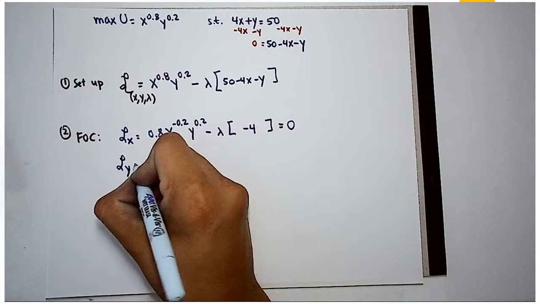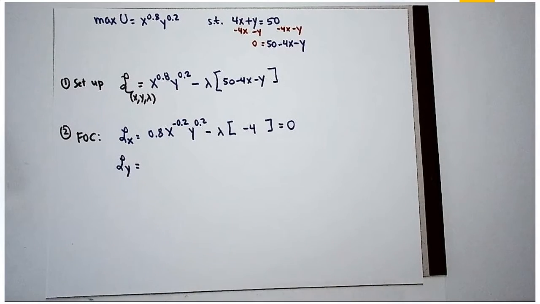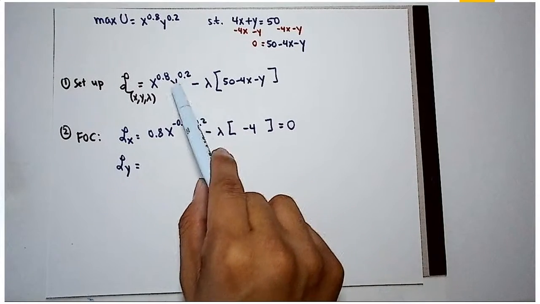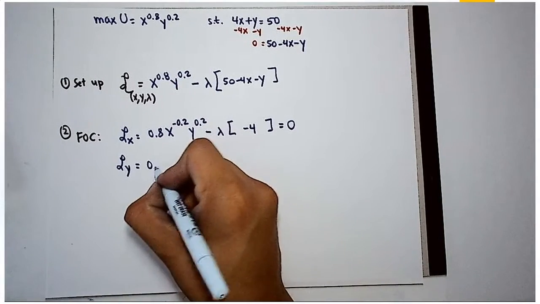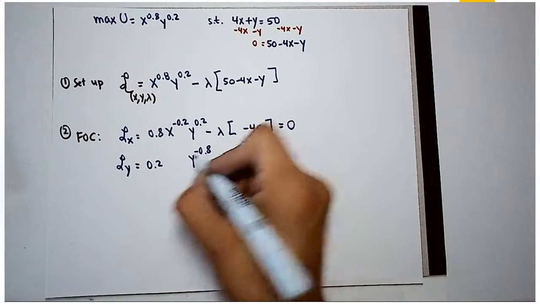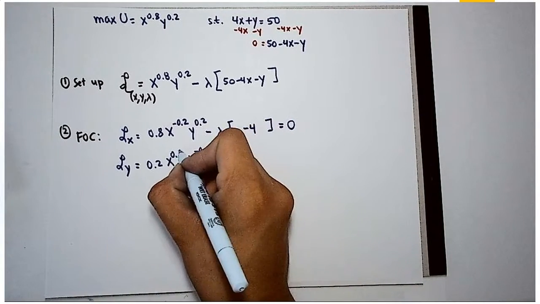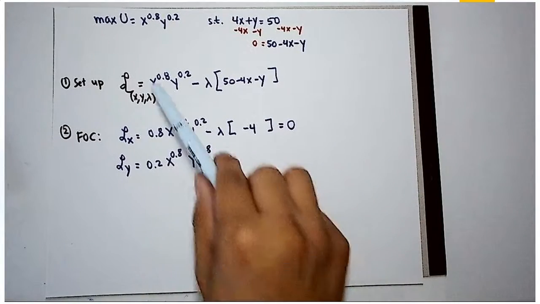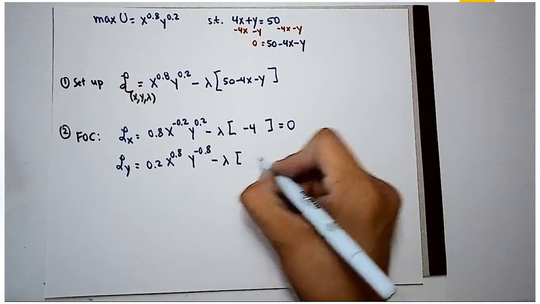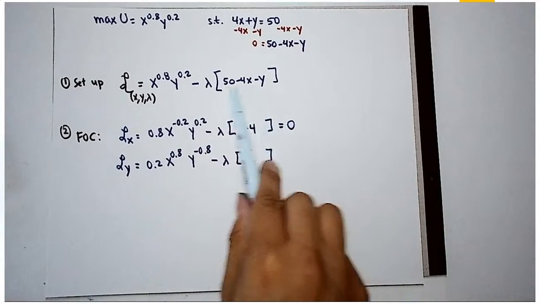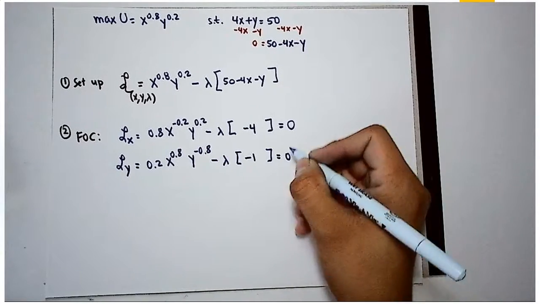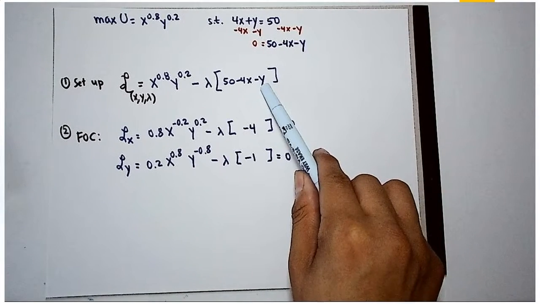The derivative of the Lagrange with respect to y is, in this case, the derivative of y to the 0.2, which is 0.2 y to the minus 0.8. And then x to the 0.8 was the constant part, minus lambda times, here as you can see the derivative is simply minus 1, because that is the coefficient of y.